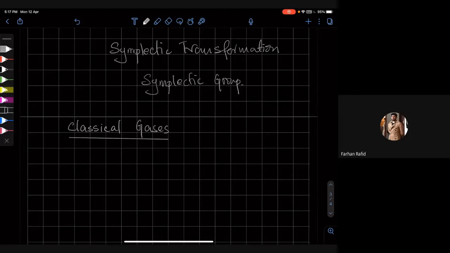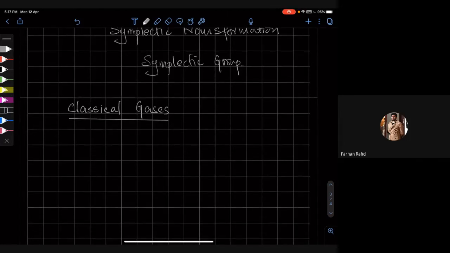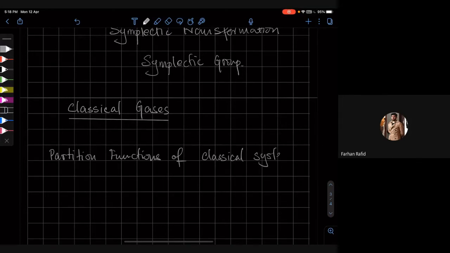Yeah, awesome. So today, let's start with the partition function of some classical systems, okay? The microcanonical ensemble is just not general enough.